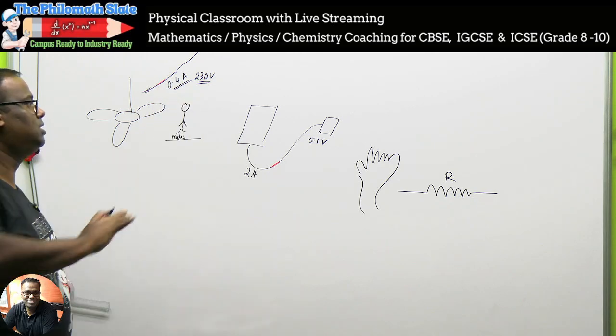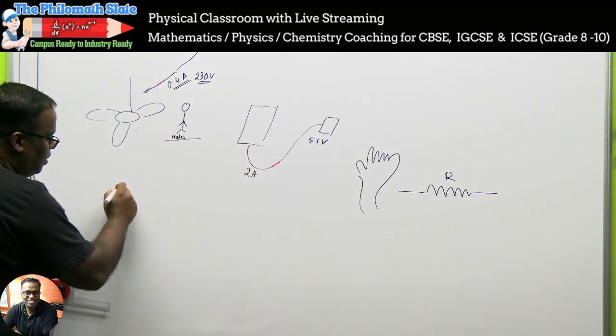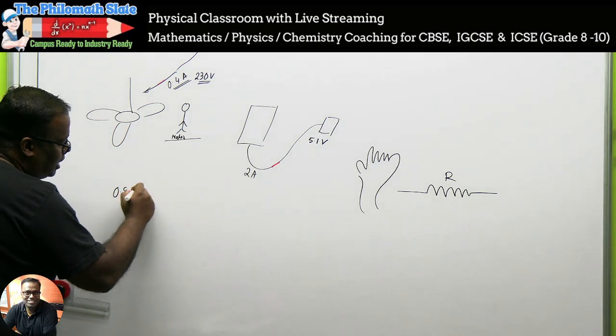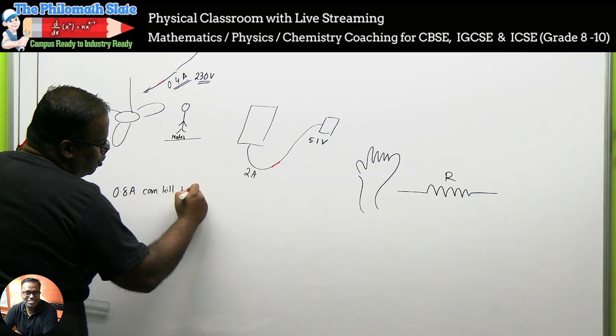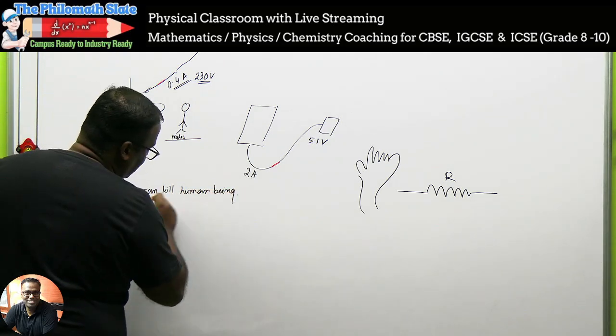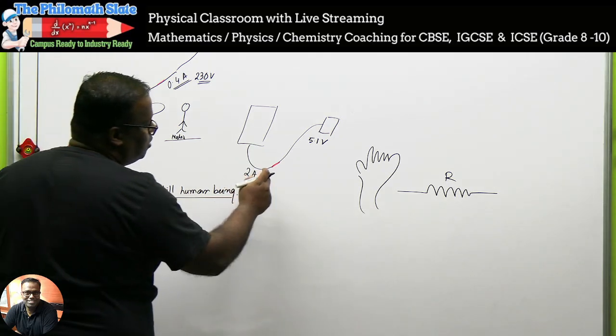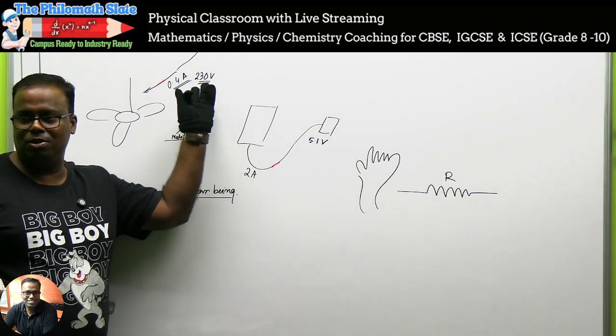No questions asked. So the question arises. One thing is certain, we have understood that 0.8 ampere can kill a human being. Is this understood or not? But you are going to say, sir, here 2.2 ampere is not killing me, while you are saying 0.4 ampere will kill me.